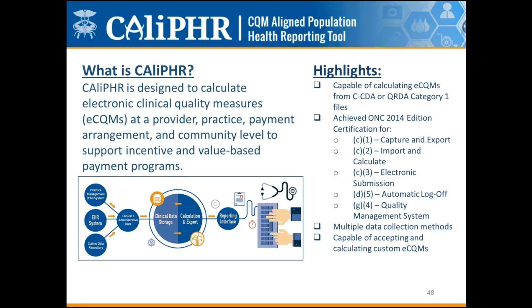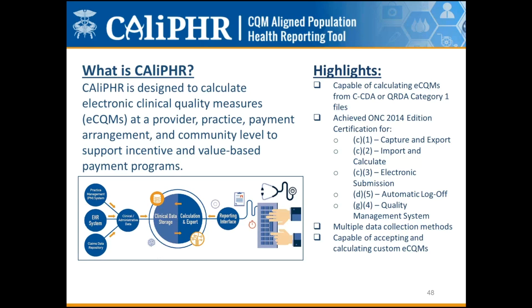It can accept data in nationally recognized standardized formats in either the CCDA or QRDA Category 1 format. It will parse those files on an ongoing basis, store them in a clinical data repository securely, and make them available to those participating providers to run calculations on later.